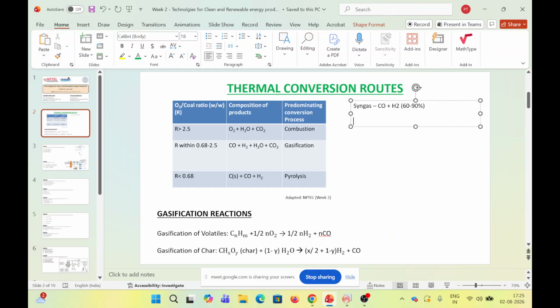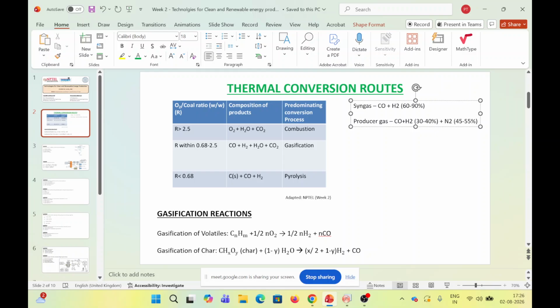Whereas in case of producer gas, it is going to be CO plus H2 plus N2. So CO and H2 comprise only 30 to 40 percentage, whereas N2 comprises 45 to 55 percentage.